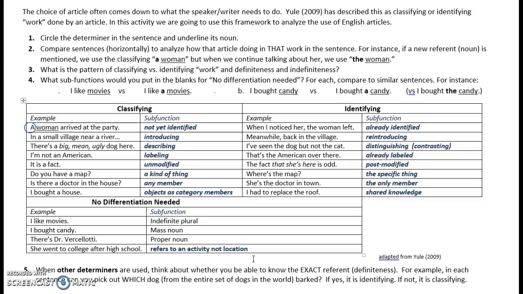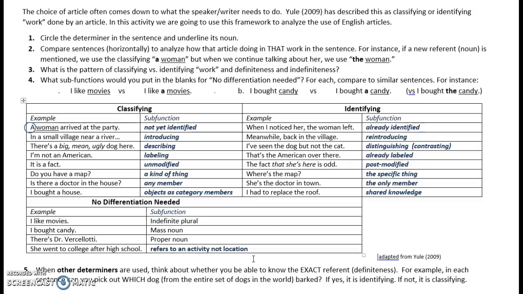Neither of them have an article, college and high school. And we could say, she went to the college or she went to a college, but that doesn't really mean the same thing, because when we say she went to college after high school, it refers to the activity of going to college rather than the specific place. That would be conveyed if it had the article a or the before college.